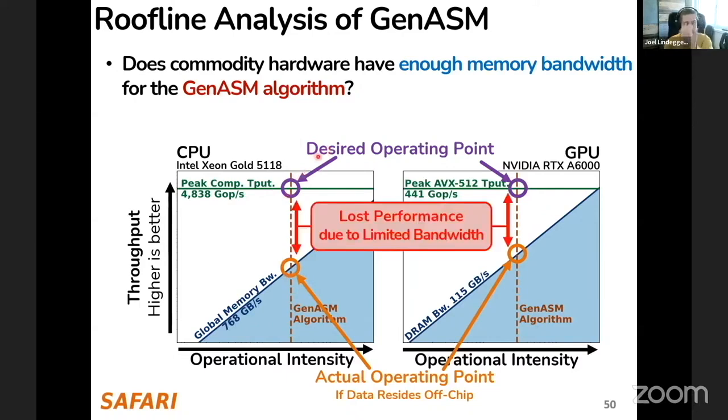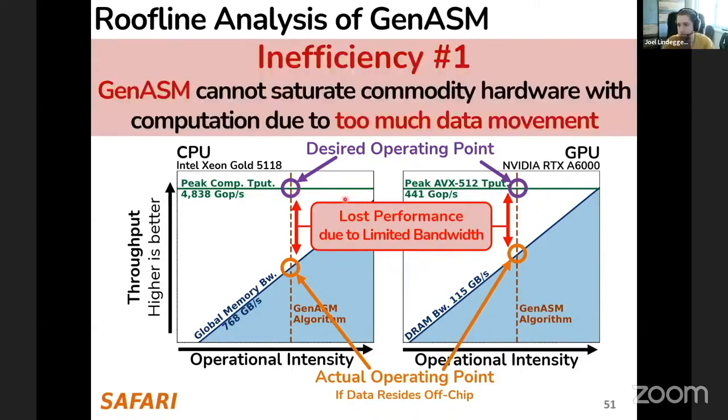So that's lost performance due to limited bandwidth. If we had sufficient bandwidth, this blue line would be much higher, and the orange and the violet points would meet, but we don't have that unlimited bandwidth in commodity hardware. That's why we're losing performance. And that's the first inefficiency we observe in the GNASM algorithm. So GNASM cannot saturate commodity hardware with computation due to limited bandwidth.